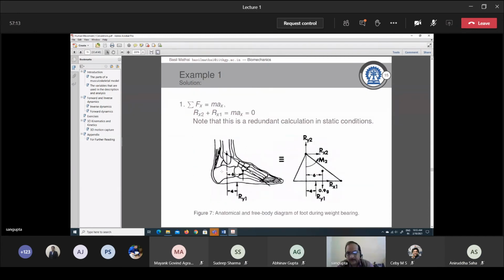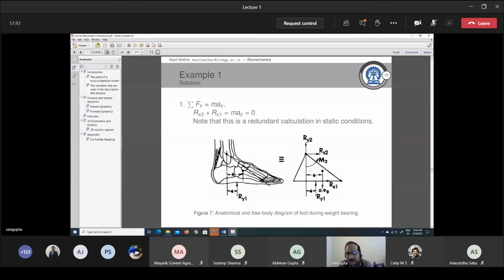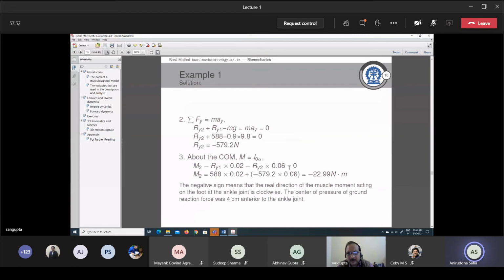COM. So why are we taking COM? The point where that M2 is applying is like the center of pressure, right? And if you calculate about that, then Rx1 will have a component. Sir, at that point Ry2 won't have any arm if we take about that point.